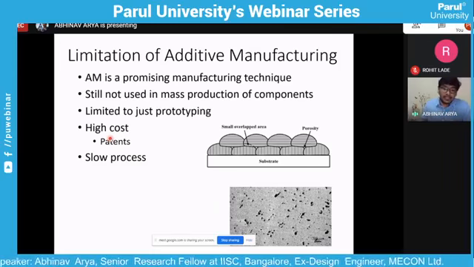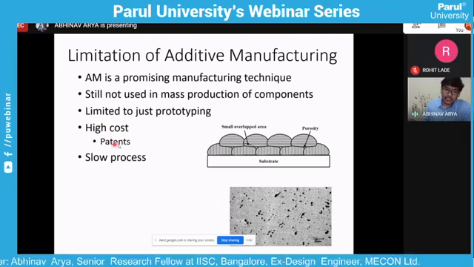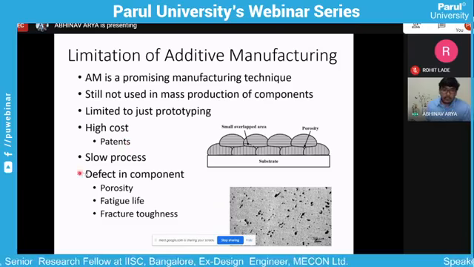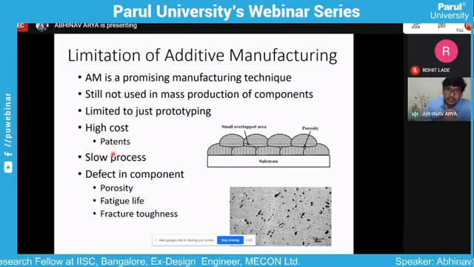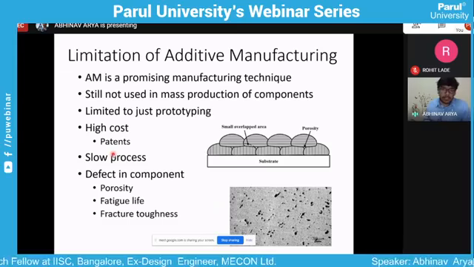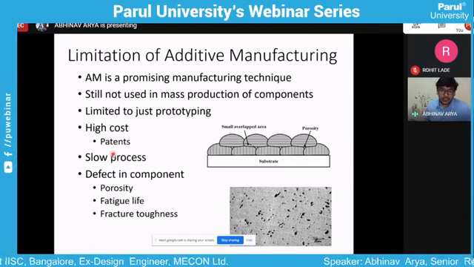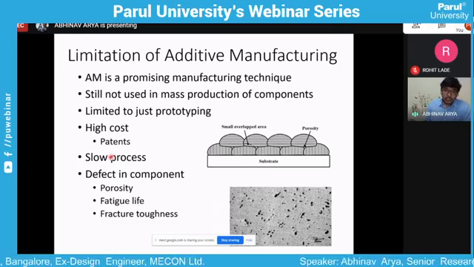So that increases the cost. But once these patents are gone in a few years, it will reduce the cost of additive manufacturing. Then, it is a very slow process. As I told you, you are welding so many powder particles together, so this reduces the speed, and that's why the process is very slow.